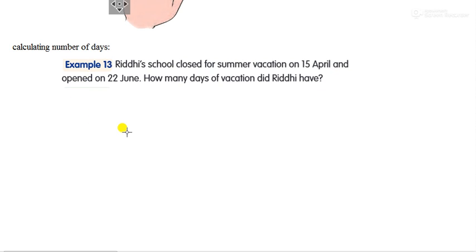So here summer vacation will start on 15th April. So she will not go to school on 15th April, but she will come to school on 22nd June.